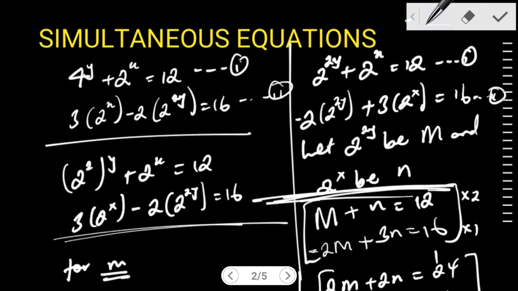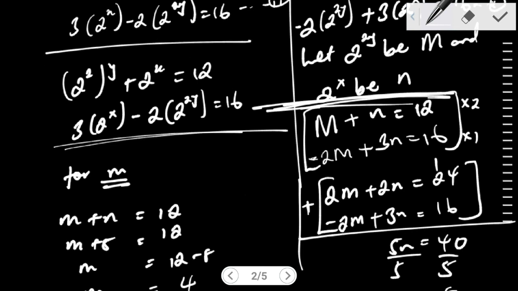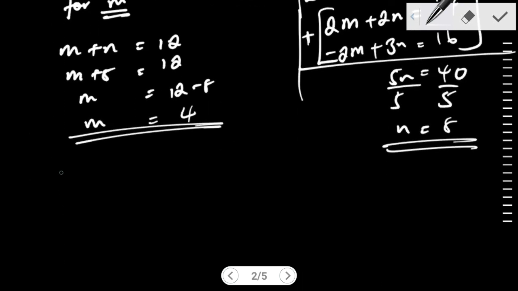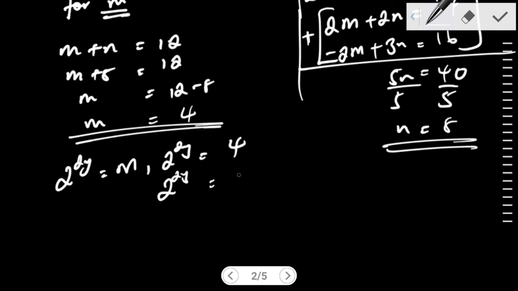If 2 to the power 2y equals m, but m equals 4, therefore 2 to the power 2y equals 4, and therefore 2 to the power 2y equals 2 to the power 2. Same bases, that means 2y would equal 2, then y would equal 1.